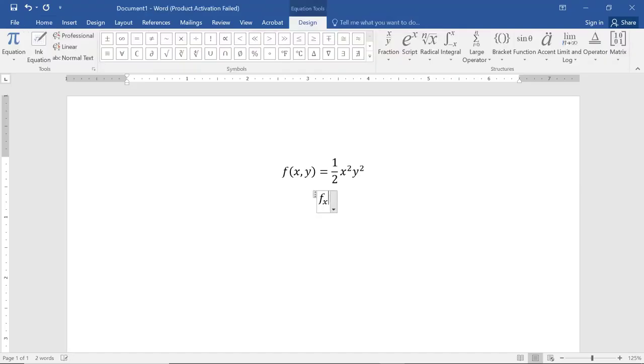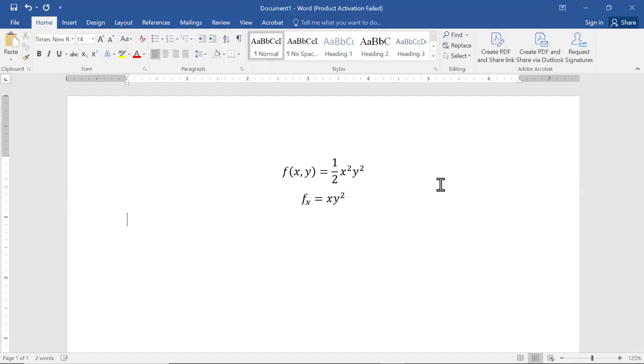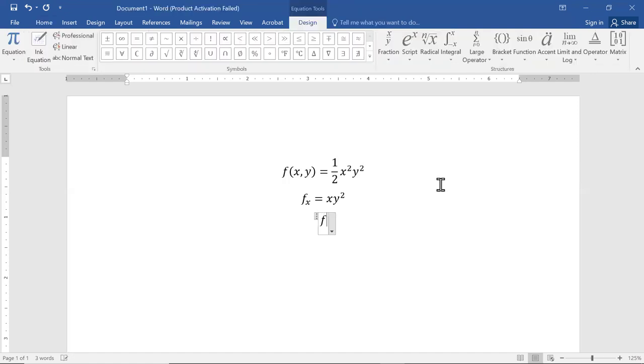So f sub x is going to be, well, I'll take the 2 out front, so that's 1/2 times 2. I get 1 x to the first times y squared. F sub y is going to be 1 times x squared times y.